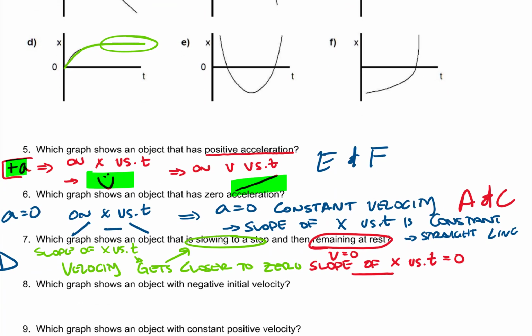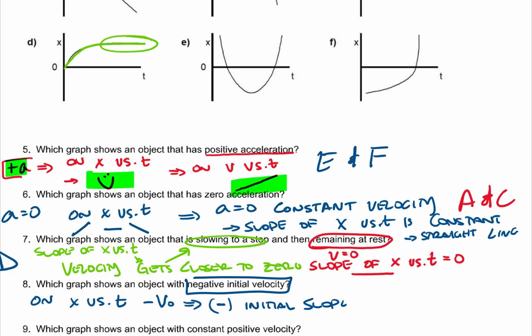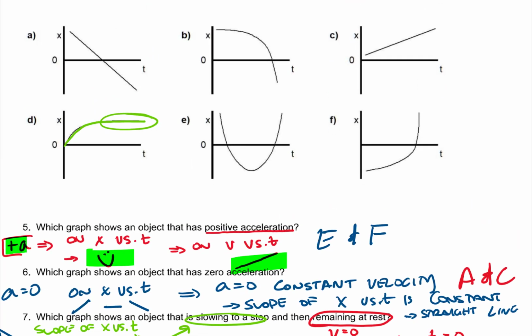Which graph shows an object with negative initial velocity? Negative v0 means we have a negative initial slope. So the slope to begin with has to be negative. So for number 8, let's go through these.